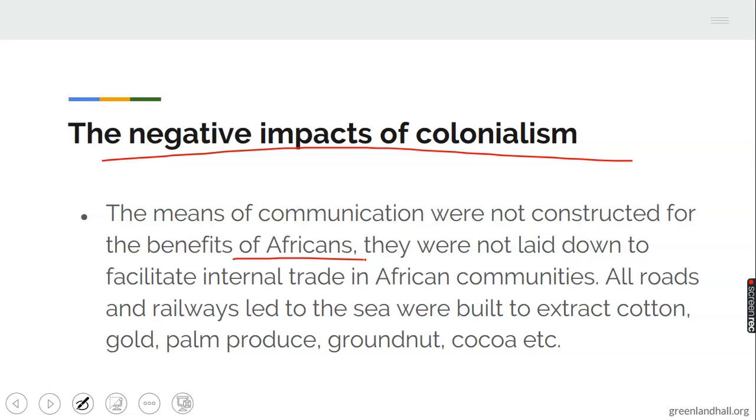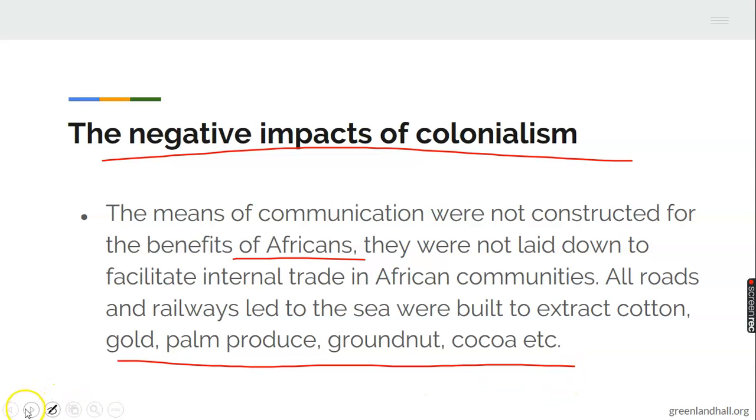All roads and railways led to the sea and were built to extract cotton, gold, palm produce, groundnut, cocoa, etc., just for easy access to these products and to transport them down to their country.